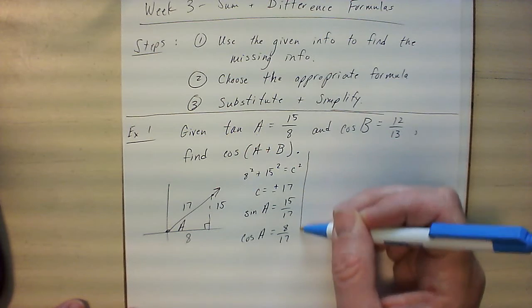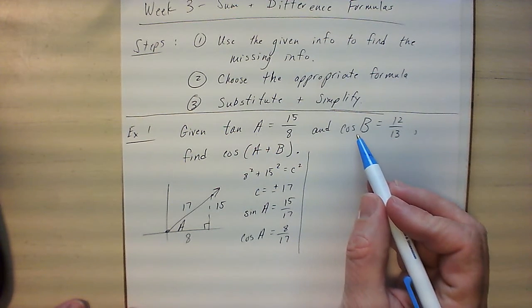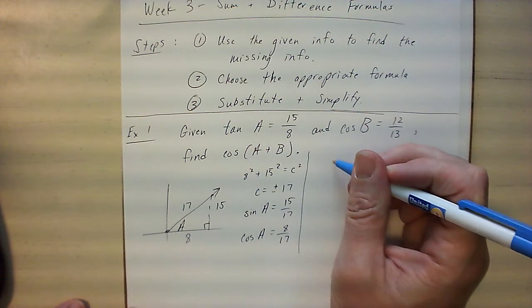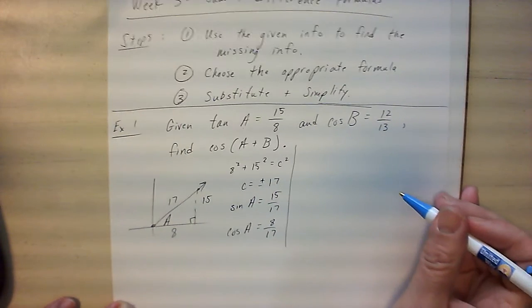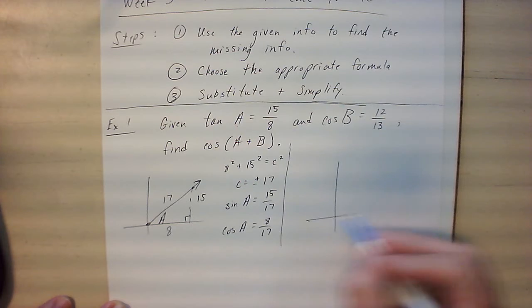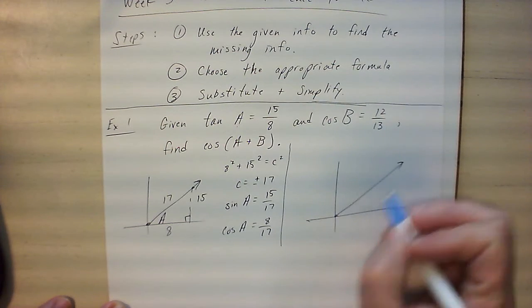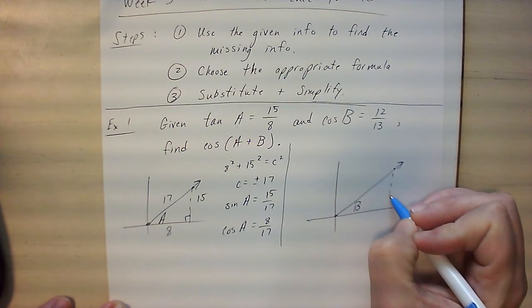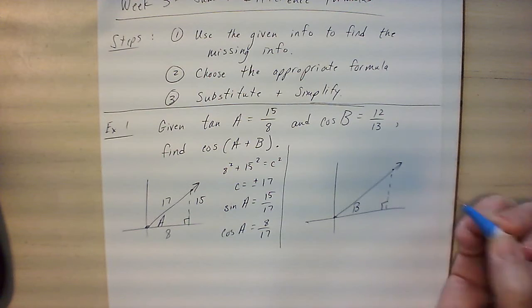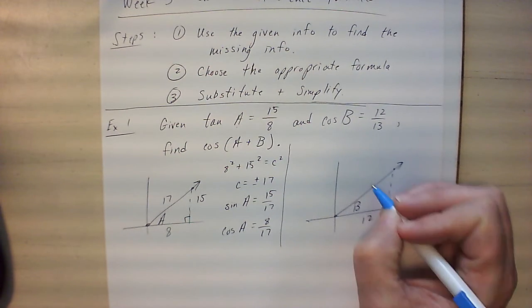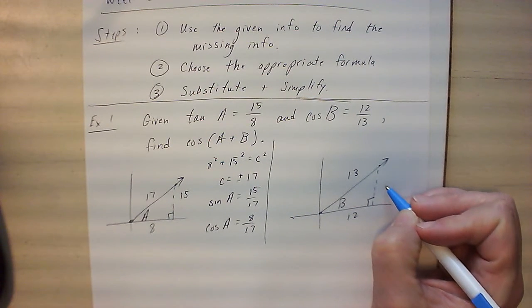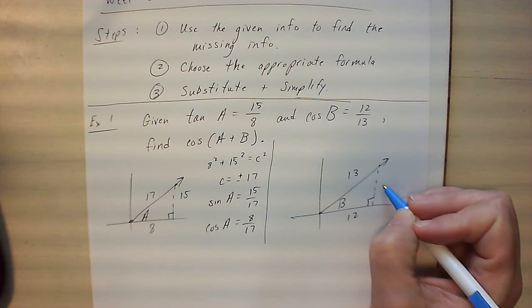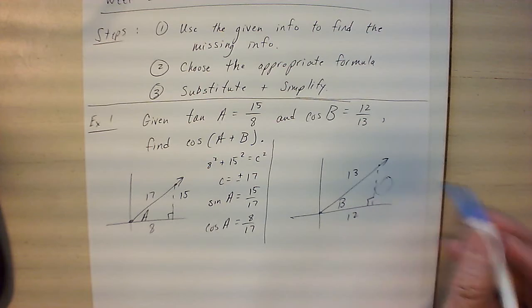All right, let's go ahead and gather some information for angle B. Cosine of angle B is 12/13. And that's going to put 12 here, 13 here. Once again, we're missing the side. So we need to use the Pythagorean theorem to find this unknown side.